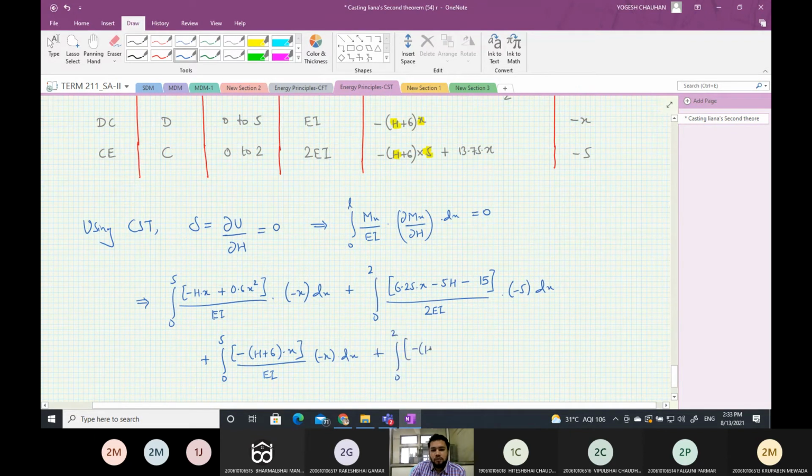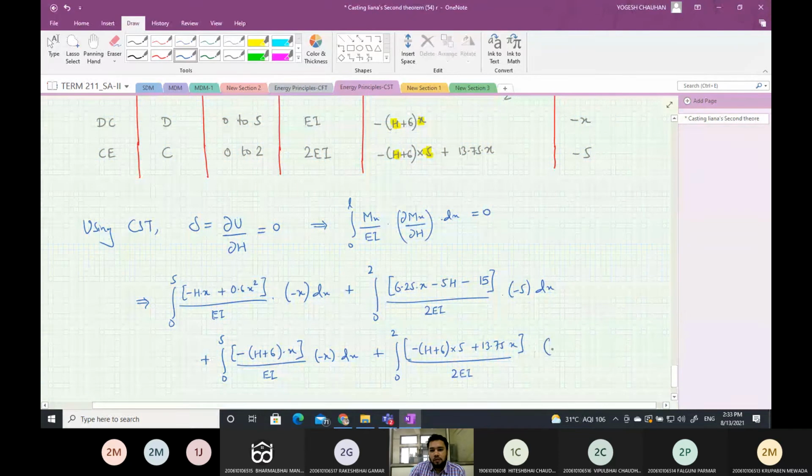The moment equation is minus h plus 6 into 5 plus 13.75x, whole divided by 2 EI, because for this segment we have 2 EI, multiplied by minus 5 dx. This should be equal to 0.